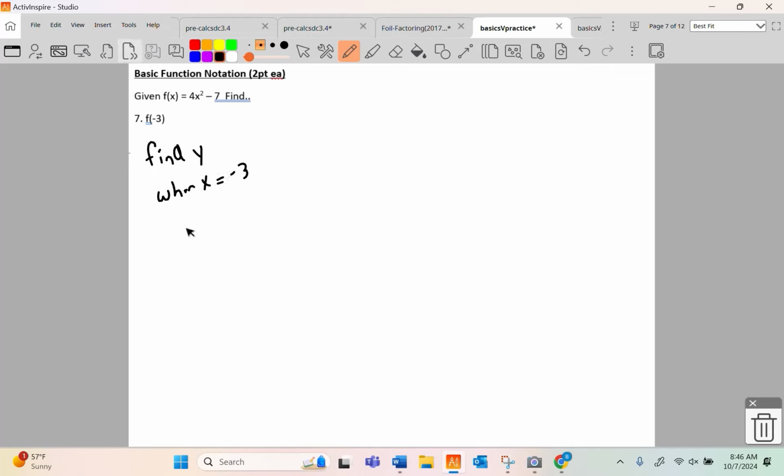So we're just going to let this x be a -3. There's an x, she becomes a -3. Exponent is a 2, minus a 7. If I take a -3 and I square it, I'm going to get 9. And 4 times 9, last I checked, was 36. And 36 minus 7 is 29. So it turns out f of -3 is 29.